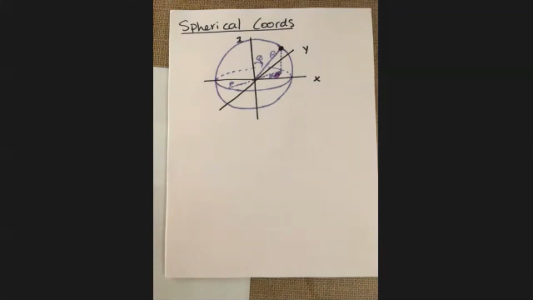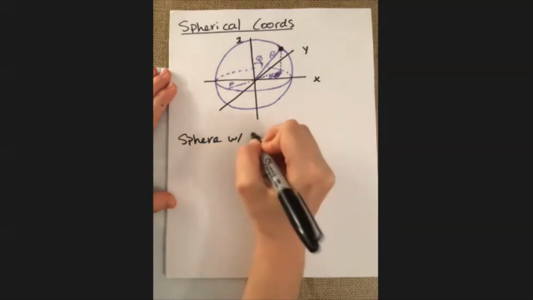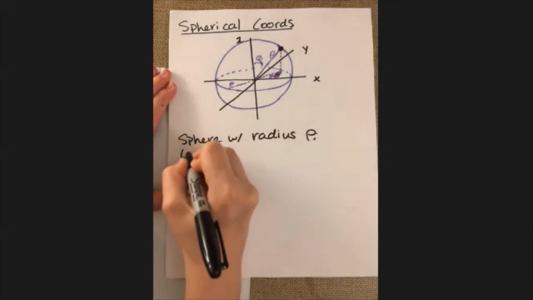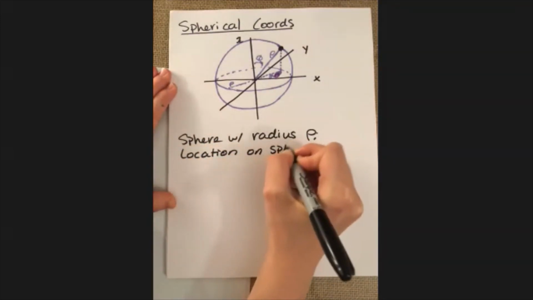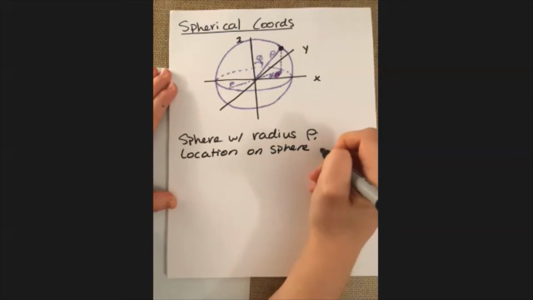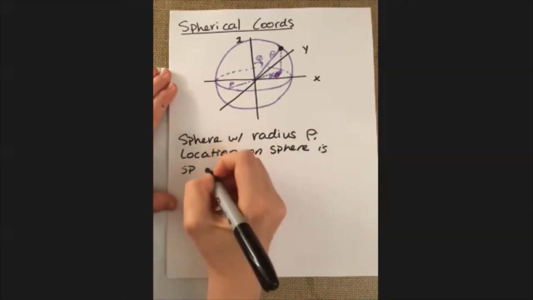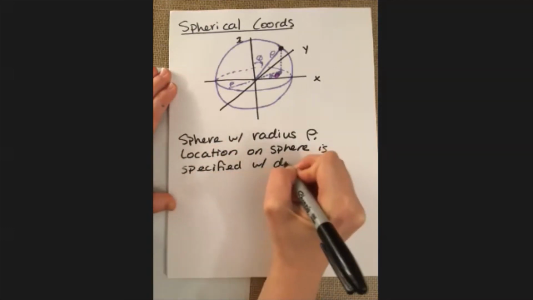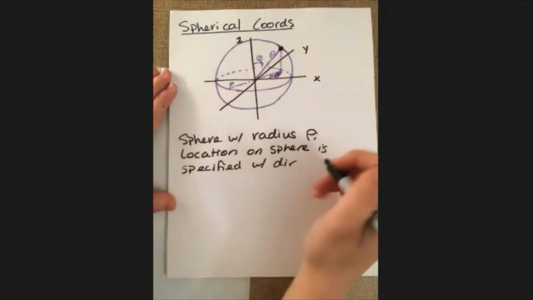So this is a sphere with radius rho. The location on the sphere is specified with the direction of, I think of it as a little arm that gets to swing around this whole space.